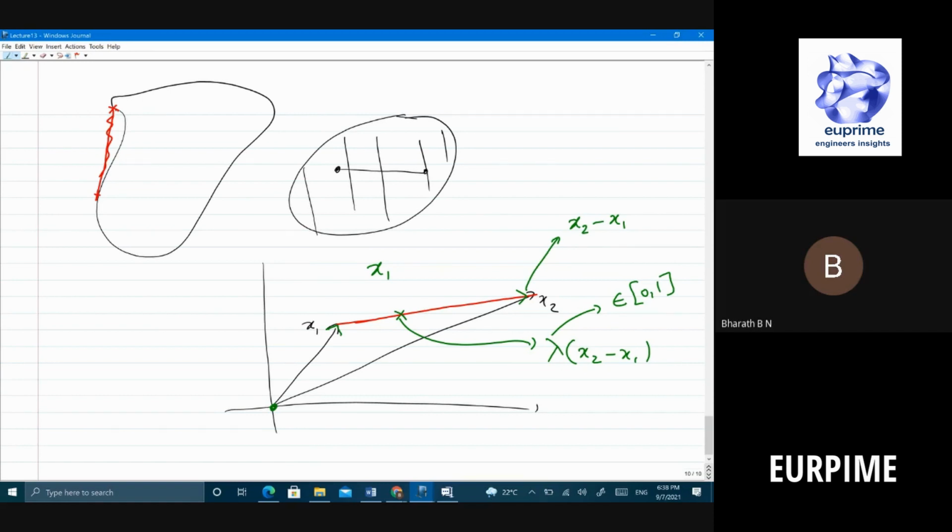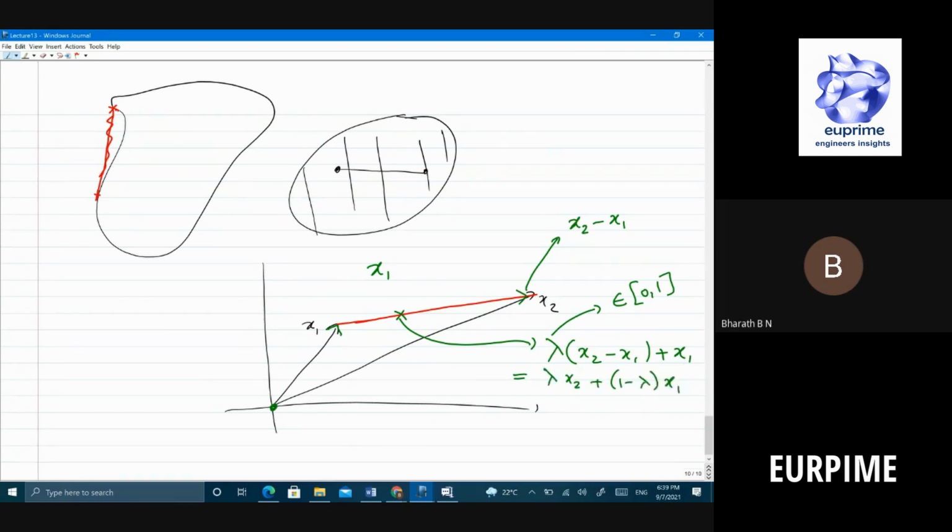So what do you think is this point now? I have to add x1 also. I have to go to x1 and then move in the direction of x2 minus x1 by a fraction of the distance. So how do I write this? I can write this as lambda x2 plus 1 minus lambda x1.